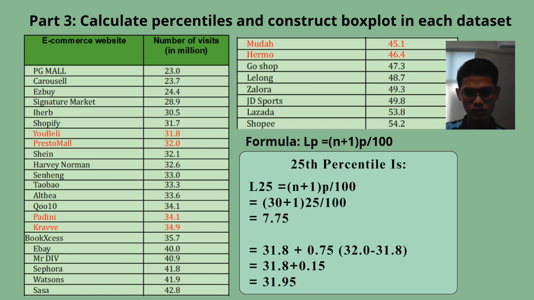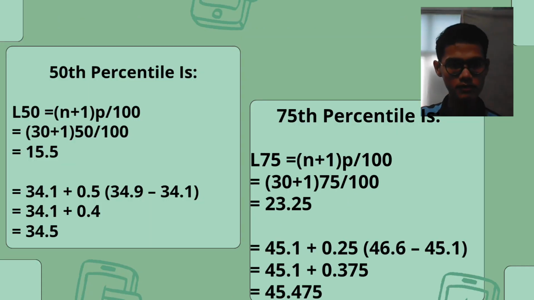So we got 31.95. For the 50th percentile, (30 plus 1) times 50 divided by 100 is 15.5, so 34.1 plus 0.5 times (34.9 minus 34.1). The answer we got is 34.5. For the 75th percentile, the answer will be 23.25, so 45.1 plus 0.25 times (46.6 minus 45.1). The answer we got is 45.475.